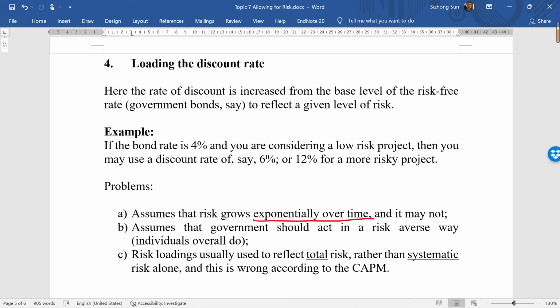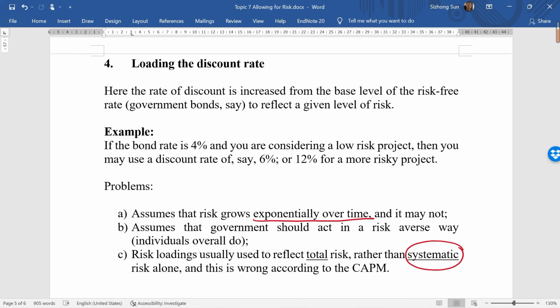Such risk loading usually reflects total risks rather than the systematic risks. Systematic risk is the risk that cannot be diversified away. Risk that can be diversified we call unsystematic or idiosyncratic risk.